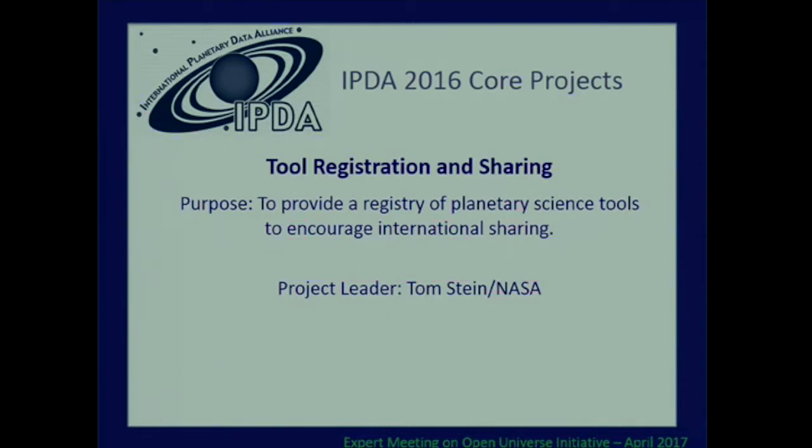So the aim of this project is to list, evaluate and validate this list of tools, and also to encourage the international sharing of tools related to planetary science activity.